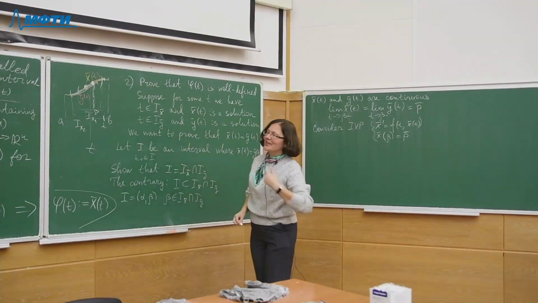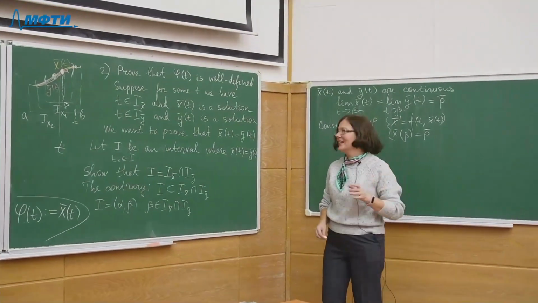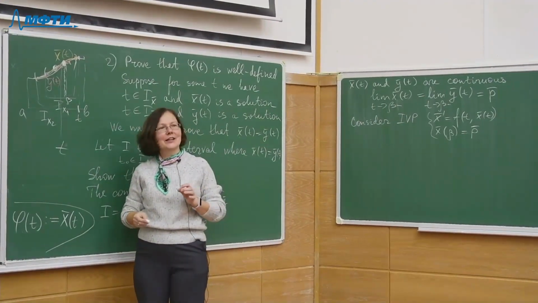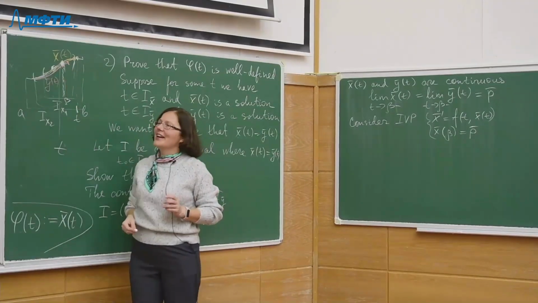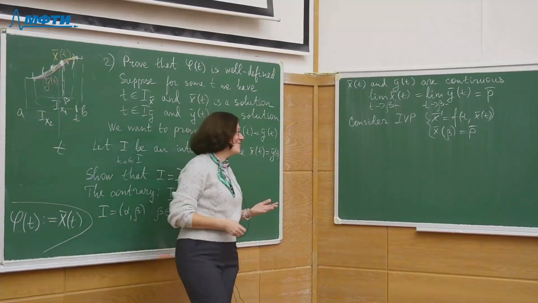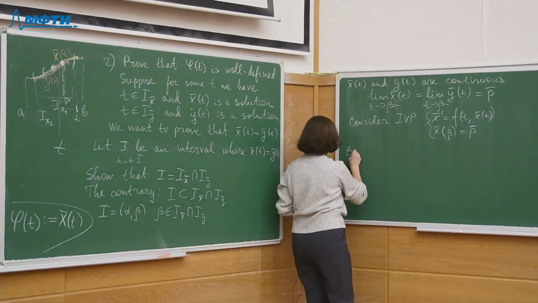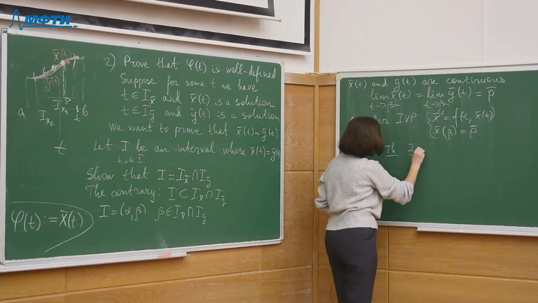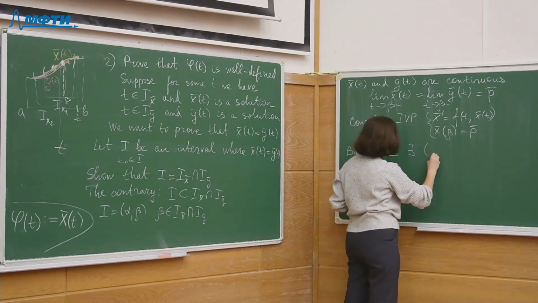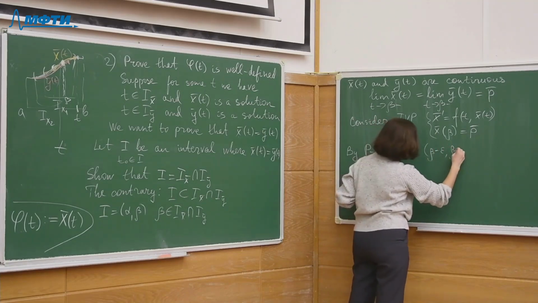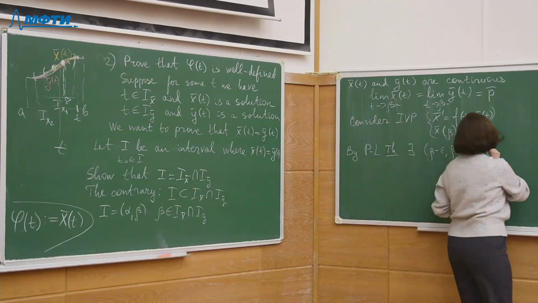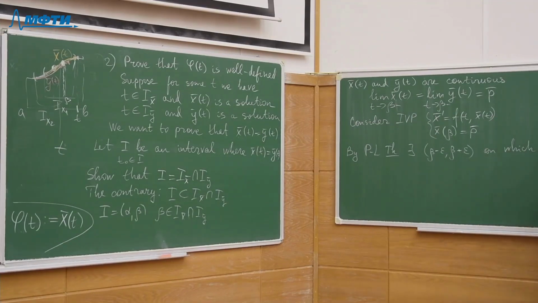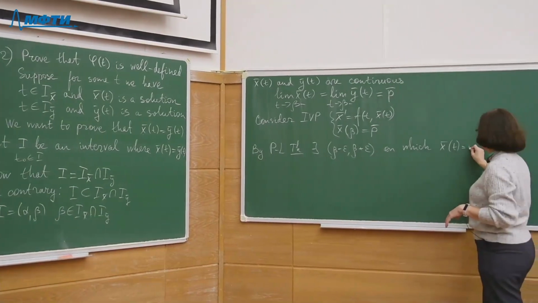By the Picard-Lindelof theorem locally, there is an open interval containing beta on which the functions are the same. There exists an interval containing beta. Let it be beta minus epsilon, beta plus epsilon, on which x of t equals y of t.